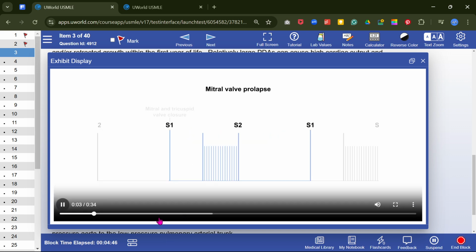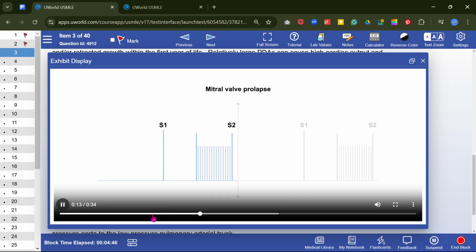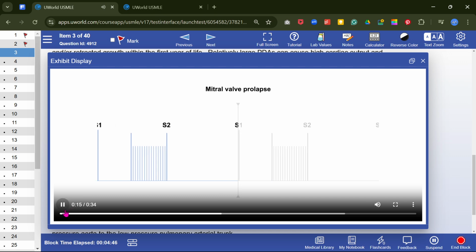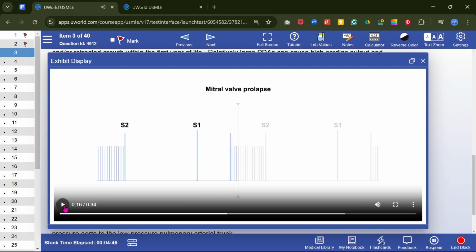Just hear the murmur. I am telling you the way of hearing.